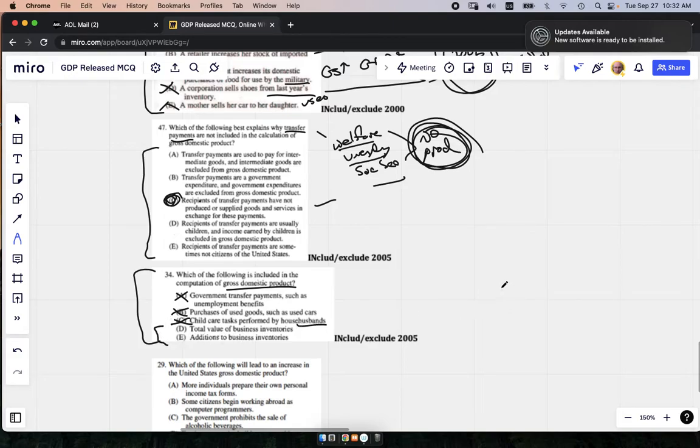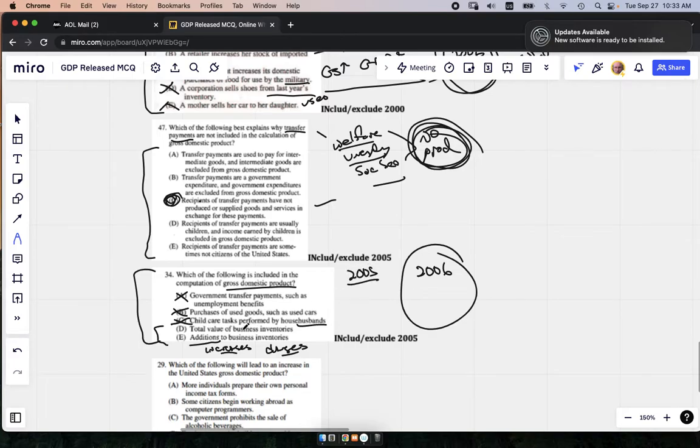Now that's fairly tricky, but again, it is what's produced in what year. It's all additions, increases, or changes to inventories, are the words we're looking for to understand what goes in GDP. In 2006, we might have had some goods sold that were actually produced in 2005.